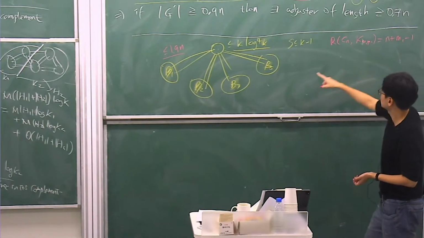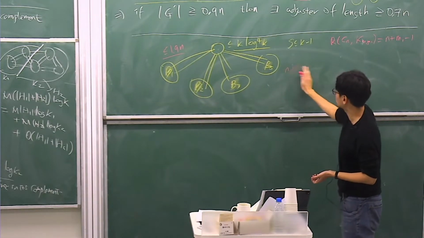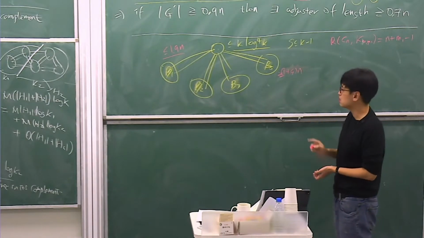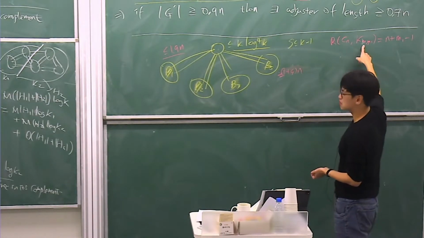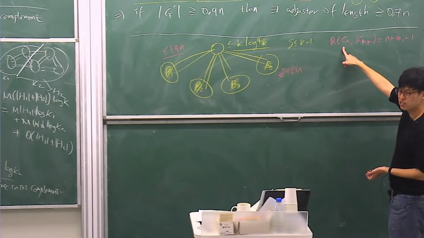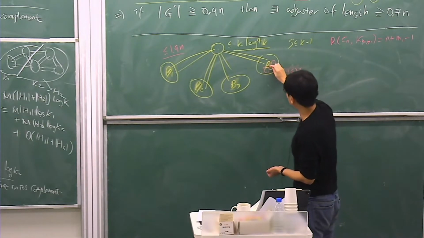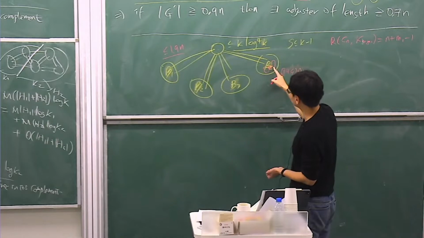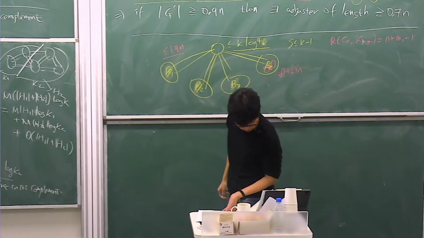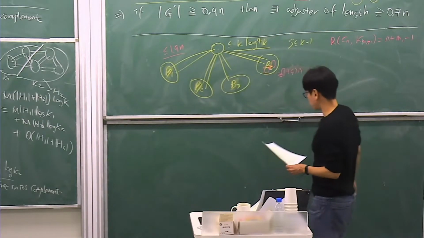So if one of them has size bigger than N plus M1, where M1 is small, so let's say 1 plus epsilon N, then that must contain this in its complement. Otherwise, we get a length of size n, right? If something is bigger than that, then you get the two parts which are empty here. Give me a moment. Yes. So that's what we know.